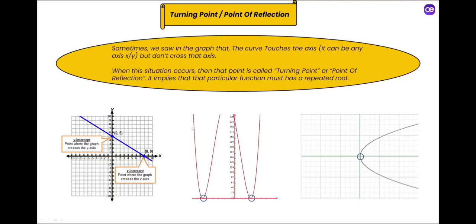When we have a single solution, then the graph crosses it, but multiple solutions at the same point on the x-axis or on the y-axis mean the curve reflects or touches the axis but never crosses, but both are intercepts. When the graph touches the x or y-axis, then those intercepts or those points are called turning point or point of reflection.